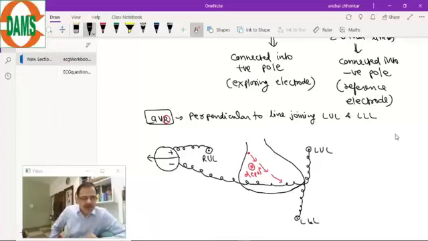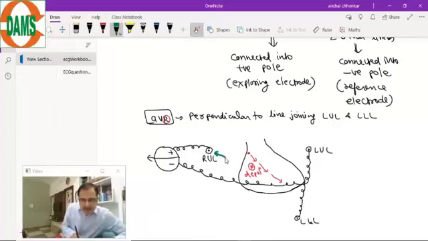Here we will draw the vector of AVR. Arrowhead towards the right upper limb because that is the exploring electrode.